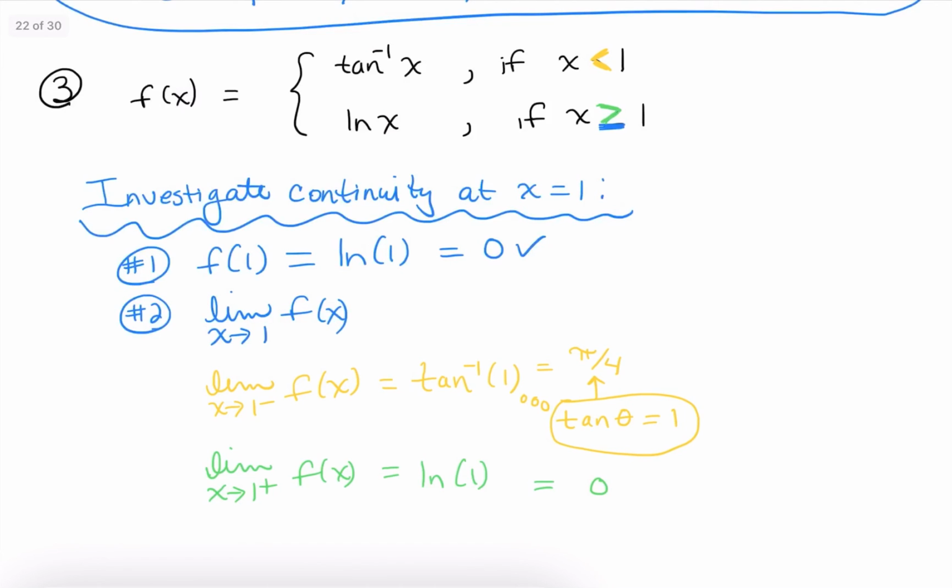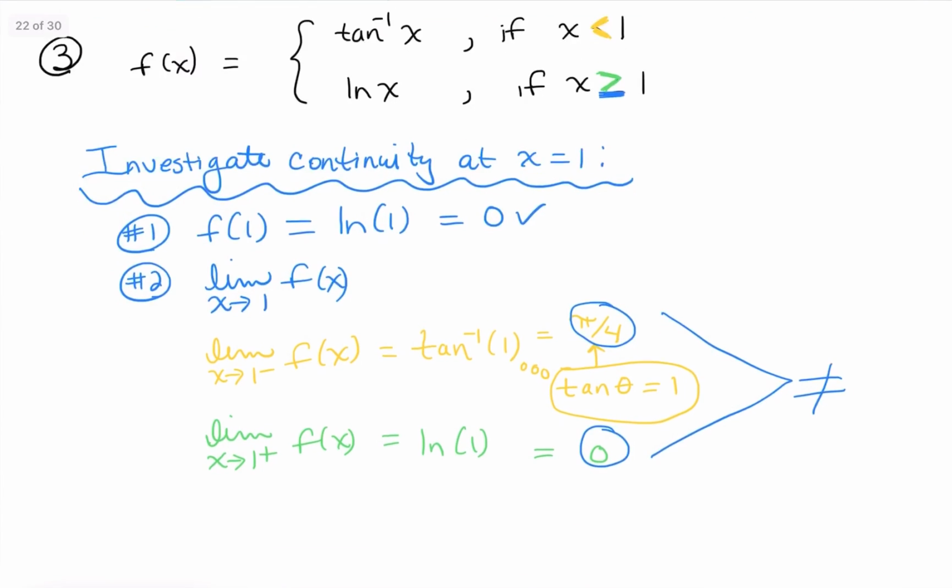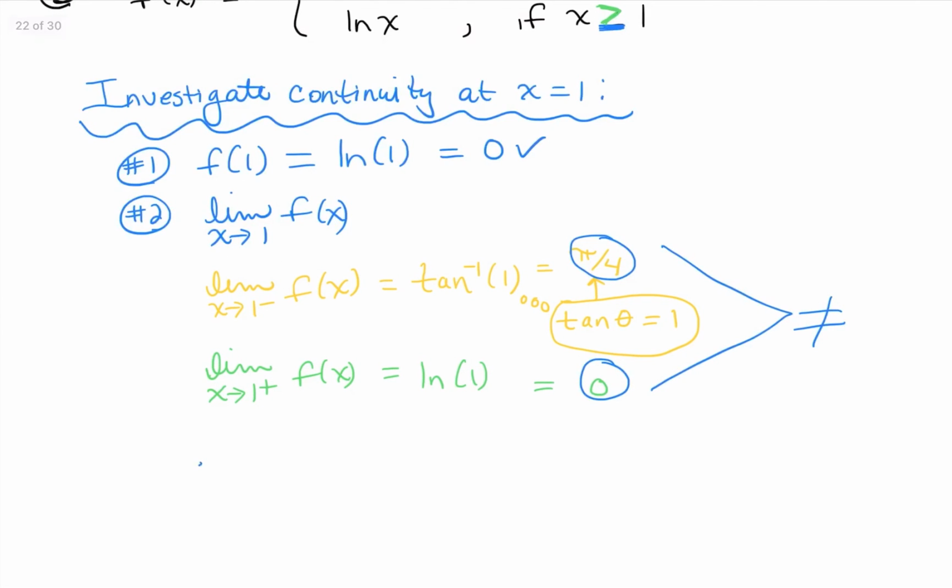So in this situation, because the left limit is not equal to the right limit, that tells us that our overall limit does not exist. So the limit as x approaches 1 of f of x does not exist. So we fail here at step 2. So we're not continuous at x equals 1.